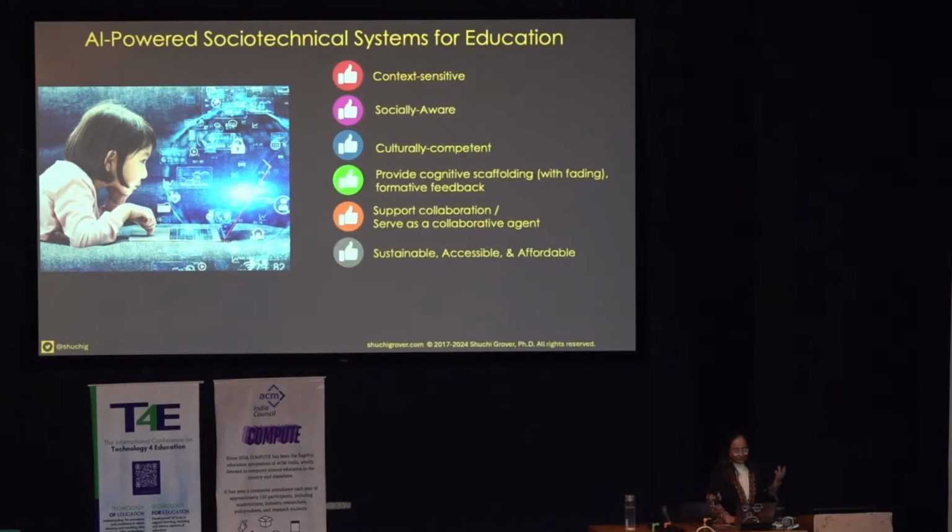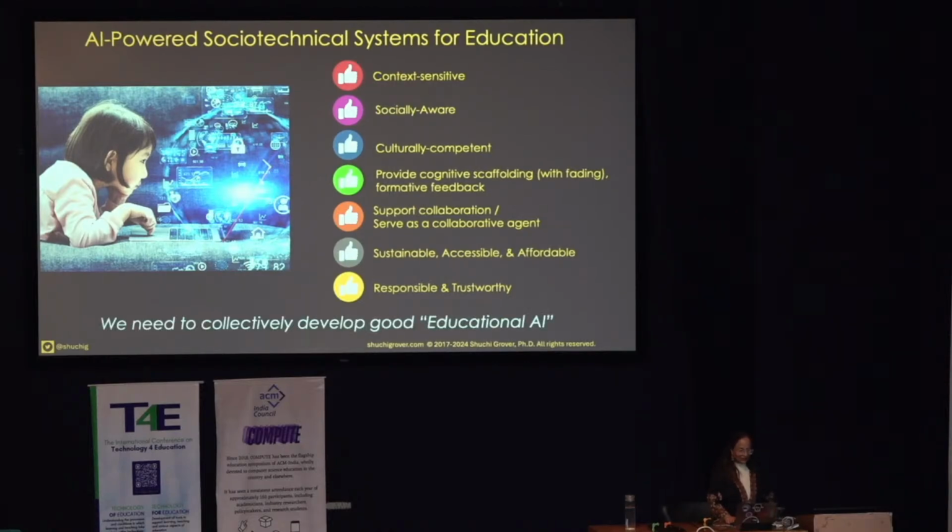They should be sustainable, accessible, affordable. They should be responsible and trustworthy. I don't think there's a single system out there that captures all of this. So we really need to collectively develop this educational AI. And such work is typically interdisciplinary. It involves people from many domains and disciplines.